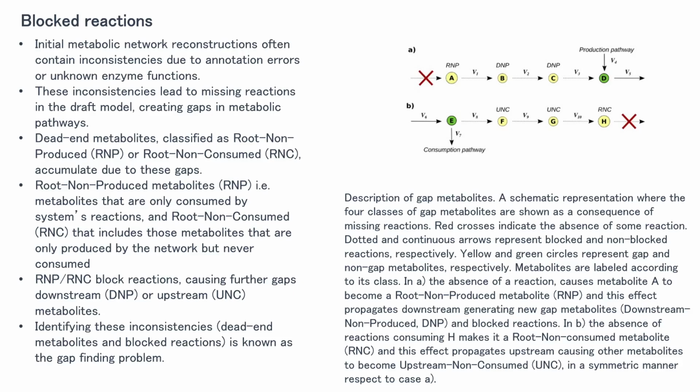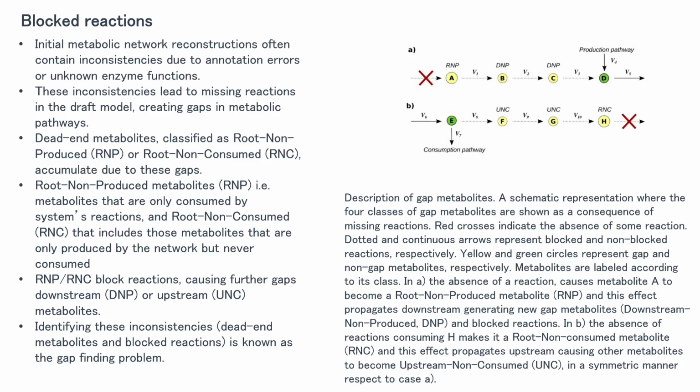Basically, this is an RNP, you do not know from where it is coming, and this is an RNC, you do not know where it is going. RNP and RNC block reactions cause further gaps downstream or upstream in metabolites. Identifying these inconsistencies, dead-end metabolites and block reactions, is known as the gap finding problem. So these are what are known as gap metabolites.